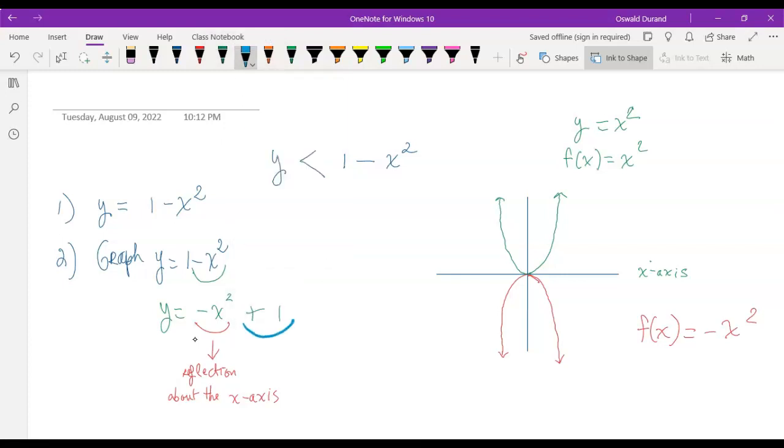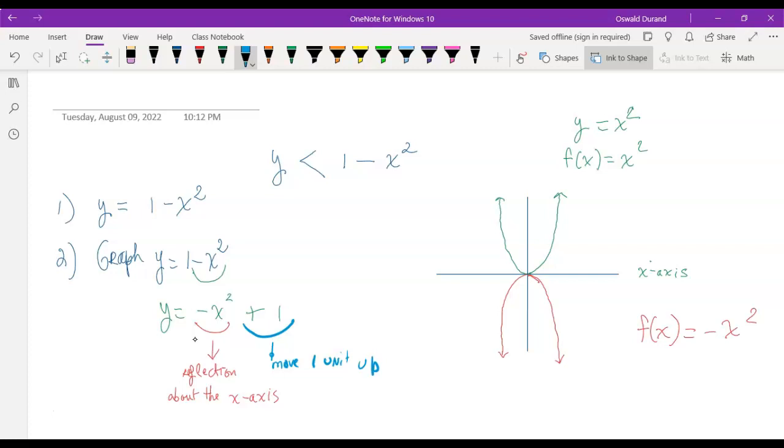It would be not the reflection, but the movement of the parabola 1 unit up or down, right? So if it's plus 1, it's going to move 1 unit up. The whole parabola is going to move 1 unit up.